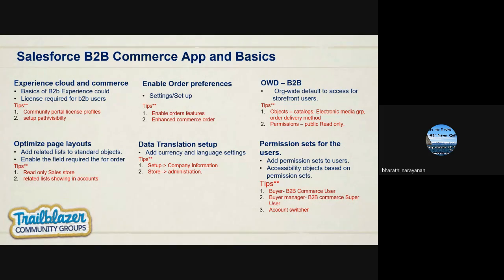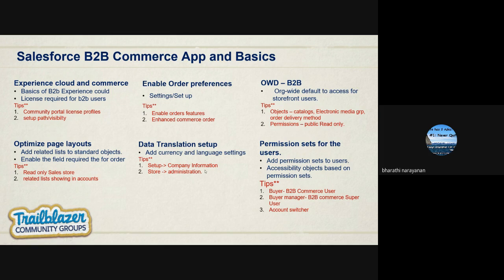The next one is the data translation setup. You can also expect a question on this, because before you create the new storefront, at the org-wide level we are enabling the multi-currency option and the language setting option. So you have to know how to set that up. In the company information itself you are adding that.